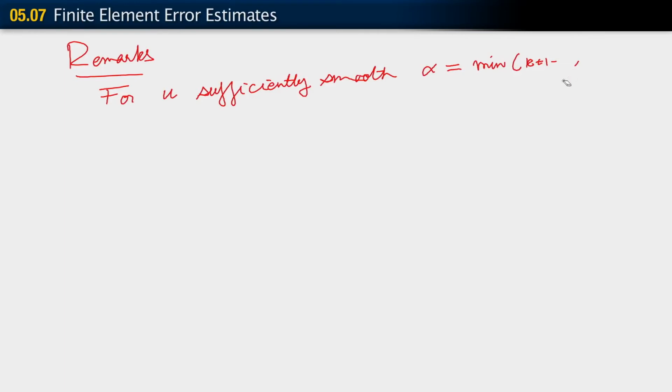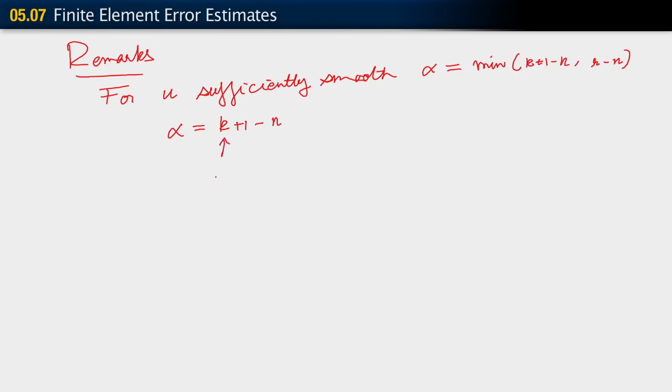So alpha is the minimum of those two quantities, right? So for u being sufficiently smooth, what we see is that alpha is indeed equal to k plus 1 minus n, right?